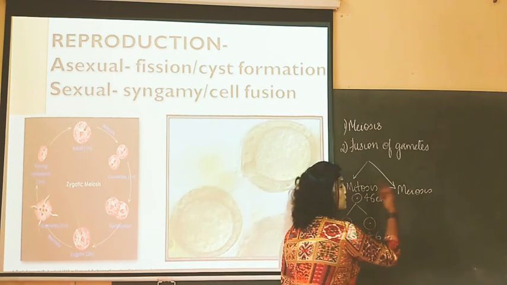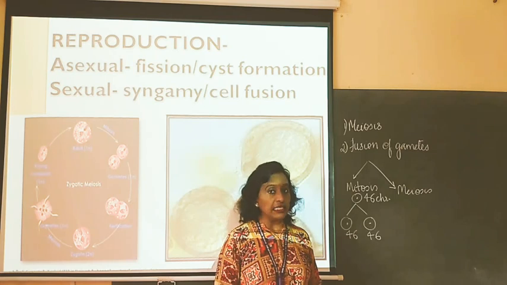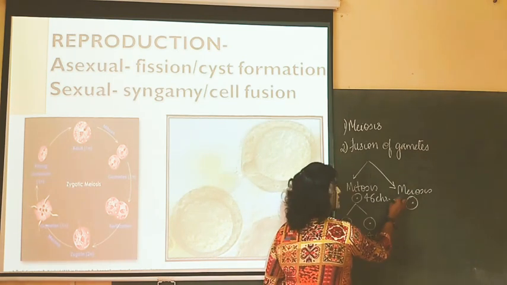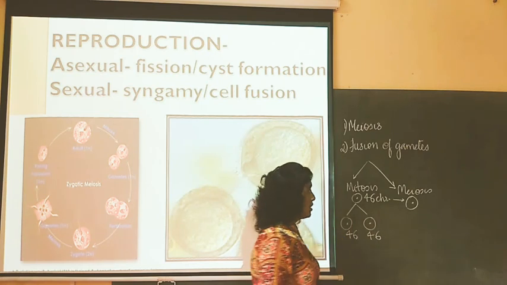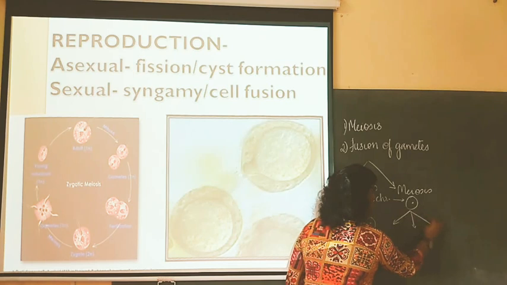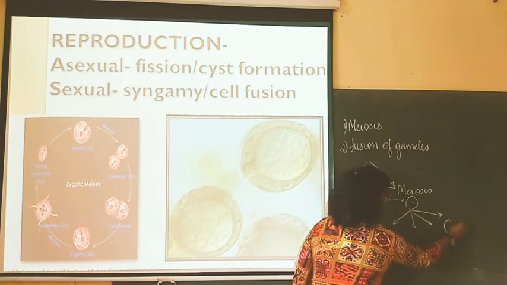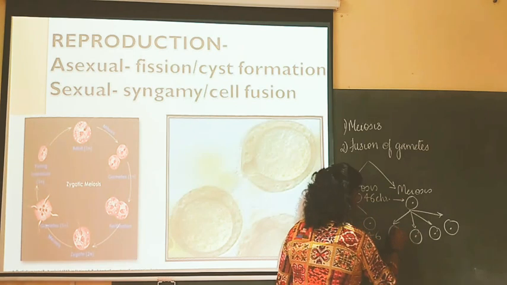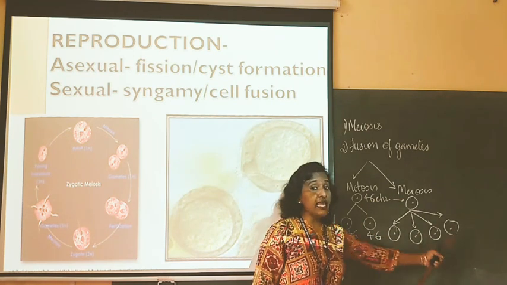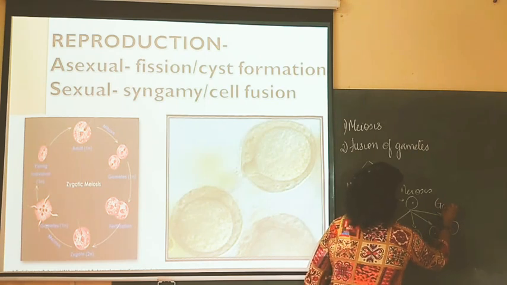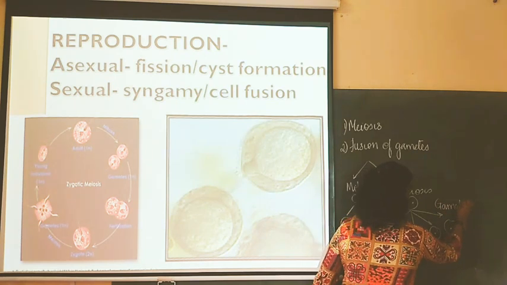But what is the difference with respect to meiotic division? Here, the cell having 46 chromosomes will undergo this division to give 4 daughter cells. These daughter cells are called gametes.